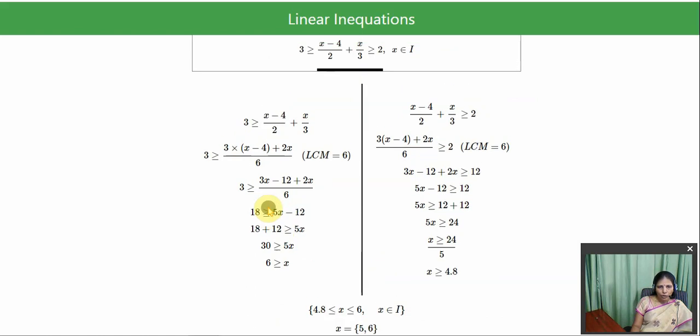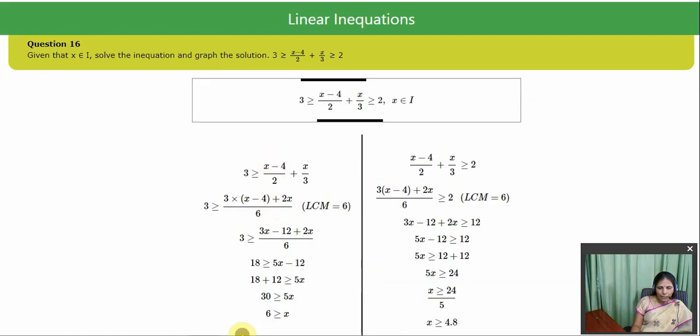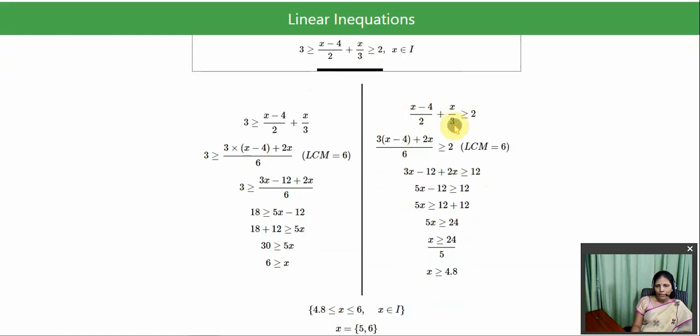So we have solved one part of the inequality and found the solution for the first inequality. We completed this side, and we are taking the other inequality, which I have shown here in the dark line. So (x minus 4)/2 plus x/3 is greater than or equal to 2. Again, on the LHS we have two fractions.